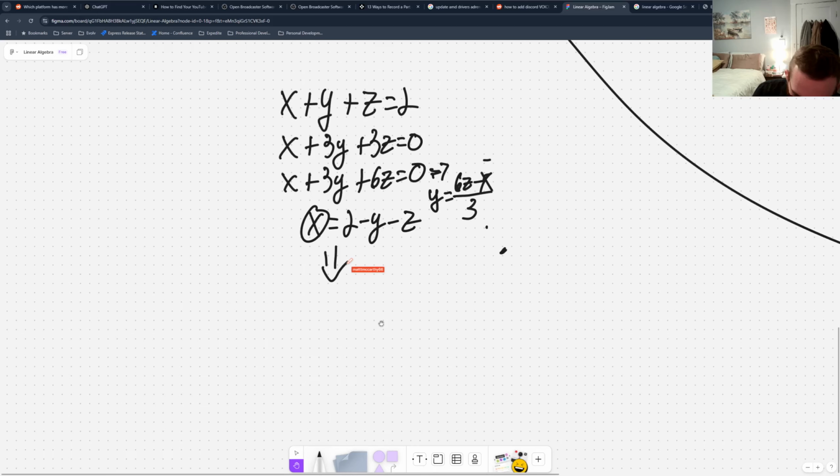So let's call this equation A and B and C. All right, so A is this one, right?